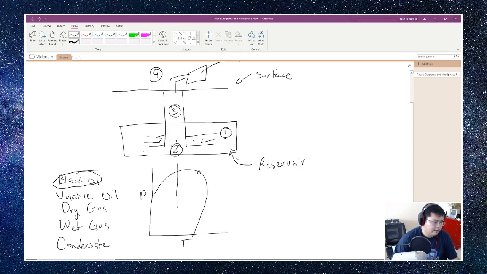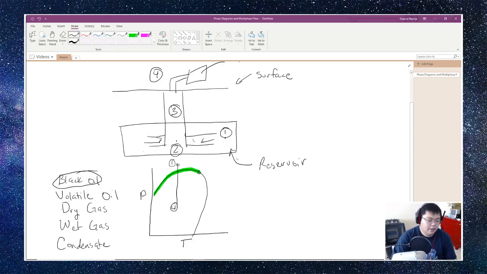And this line here is our reservoir at number 1. And this is our, let's say, number 4. And so on, so forth. So somewhere along this bubble point line, I don't know if you can see my cursor or not, I don't think you can, but somewhere along this curve, we reach from 1 to 3.